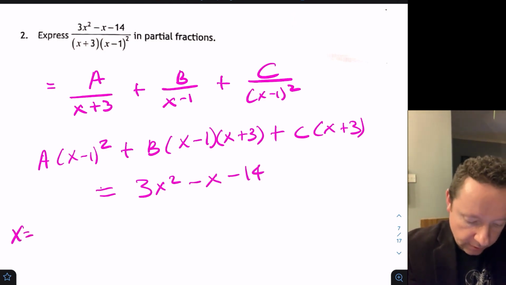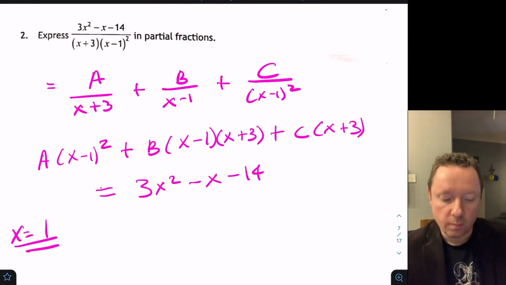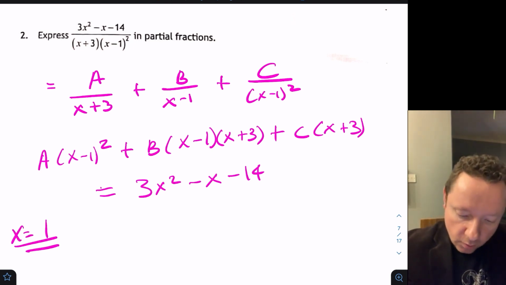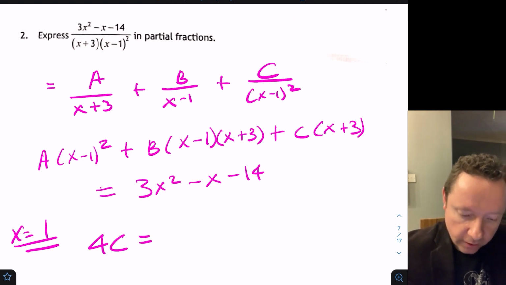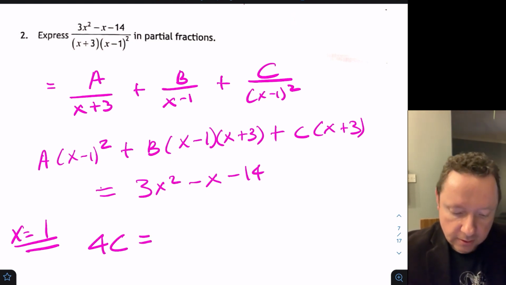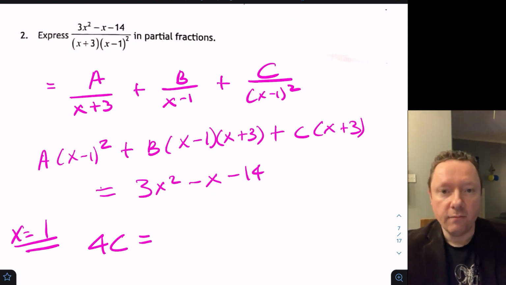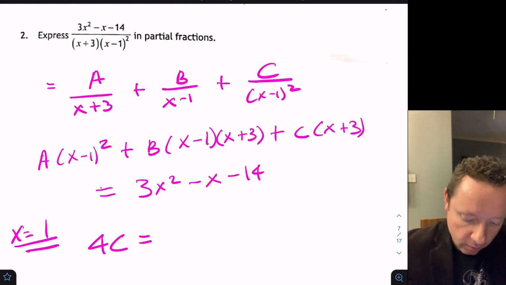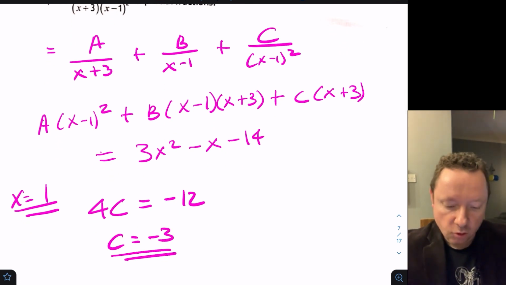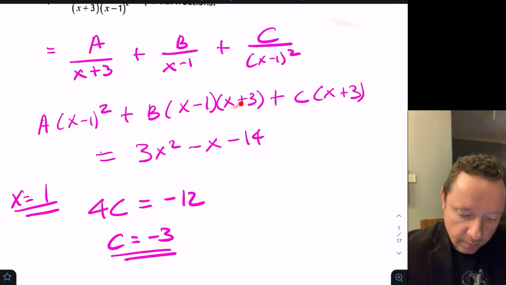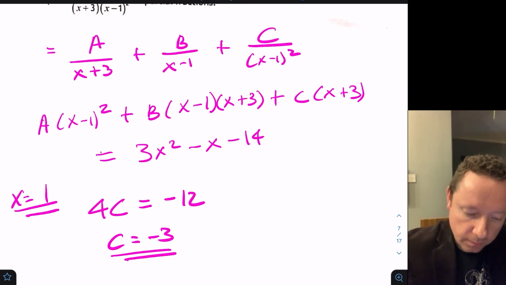So when x equals 1, we can see that A and B disappear because 1 minus 1 is 0, to leave us with 1 plus 3 is 4C, and that's going to equal the right hand side of 3 take away 1 is 2, take away 14 is minus 12, and therefore we get C is equal to minus 3. Can do the same trick for x equal to minus 3 to get rid of these two.